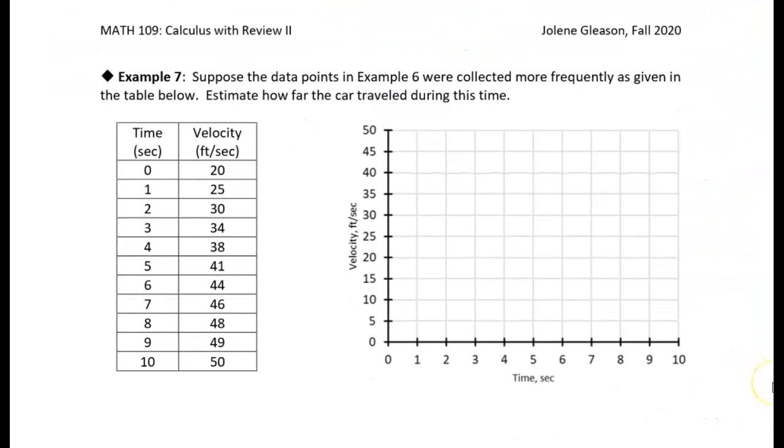So I would encourage you to try this technique in example 7. It's basically the same curve, except that now we have sampled the data every 1 second rather than every 2 seconds. And so we're going to get a better estimate. But the process is the same. We're going to come up with the left-hand sum and the right-hand sum, and then average the two to get a better estimate. So try this one on your own, and I'll meet you in the next video to go through it.